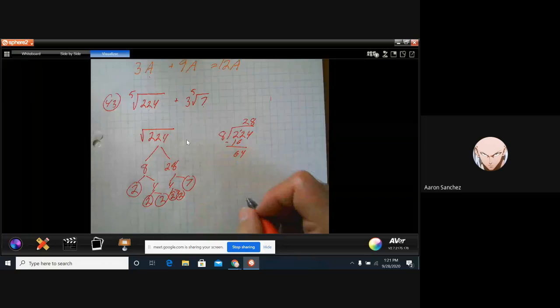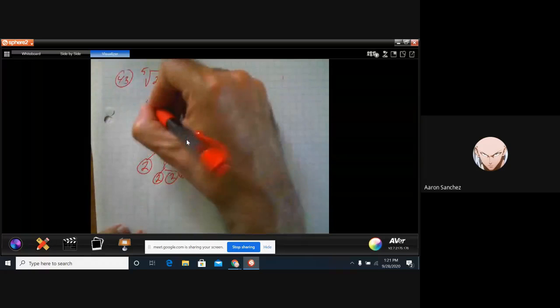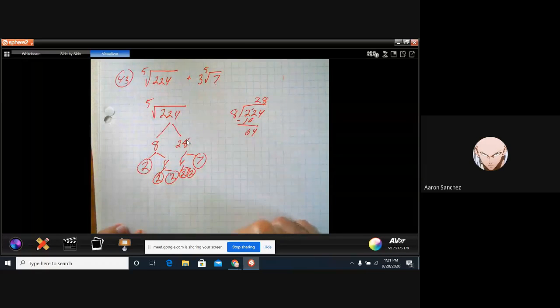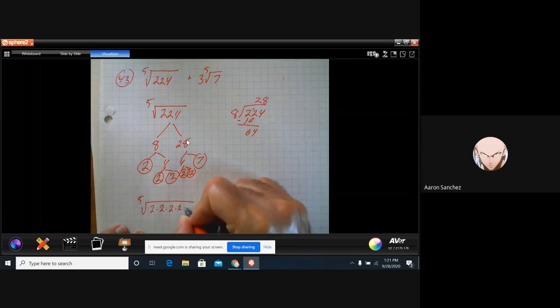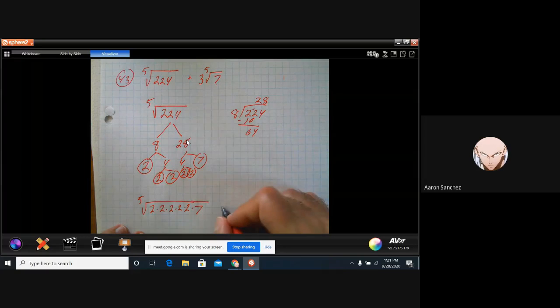So the 5th root of 224 is 2 times 2 times 2 times 2 times 2 times 7, plus 3 5th root 7.